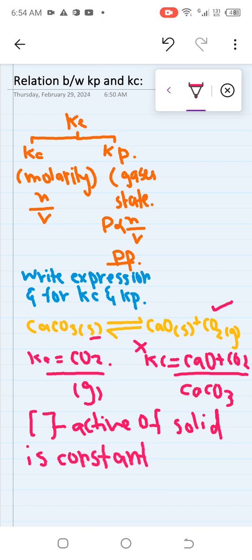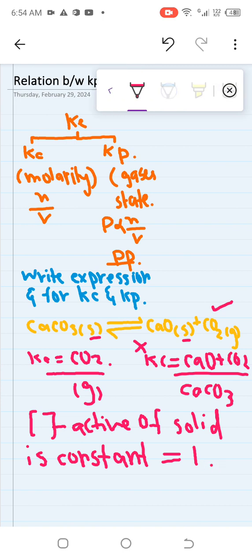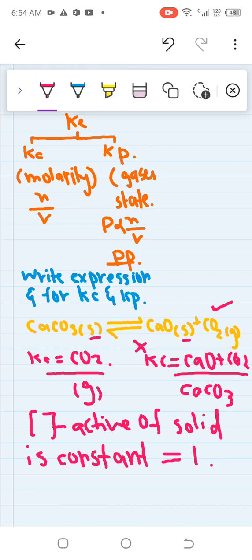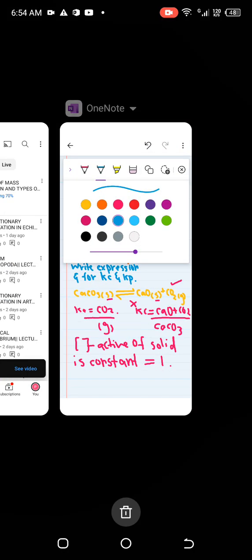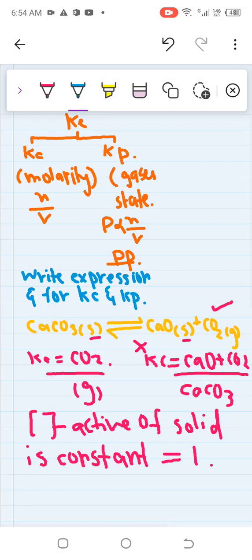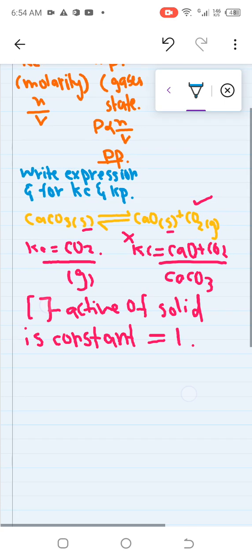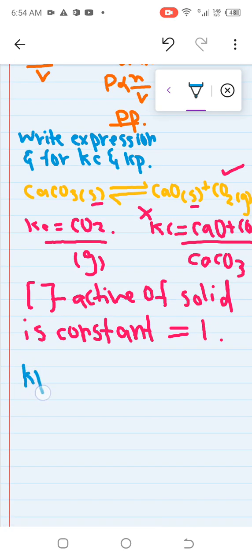Here we have only two solids, so the active mass of solid is constant. That's why I took only the gas; you can suppose the solid's value is 1. Now if you are asked for the equation of Kp, Kp will be equal to the partial pressure of CO2, expressed in atm.